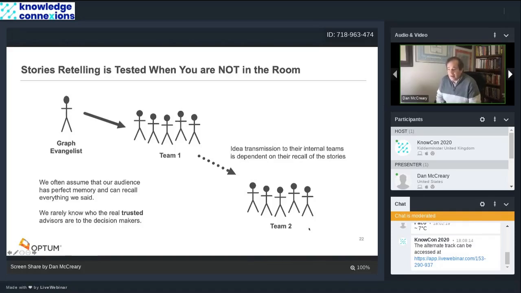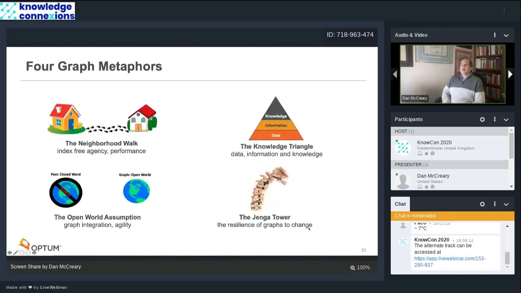The facts need to be based on the truth, but our storytelling is really designed for this viral nature of getting people on board. So I'm going to walk you through 4 metaphors quickly here. And these metaphors are really about storytelling in a fun and creative way so that people will remember this.